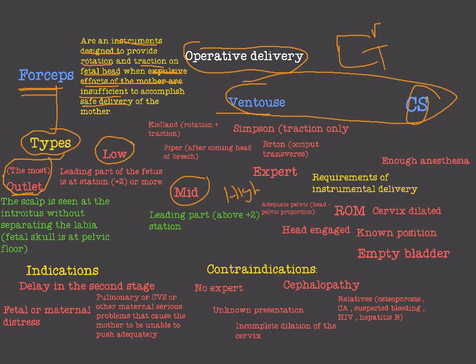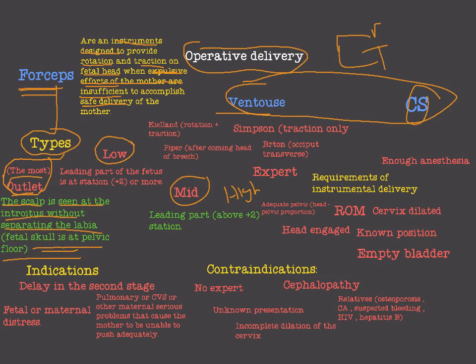What do we mean by the outlet forceps? The outlet forceps is when the scalp is seen at the introitus without separating the labia. So the scalp is very descended. It is at an advanced station where we can see the scalp at the introitus, and the skull is at the pelvic floor. The skull is resting on the pelvic floor, so we use the outlet forceps.